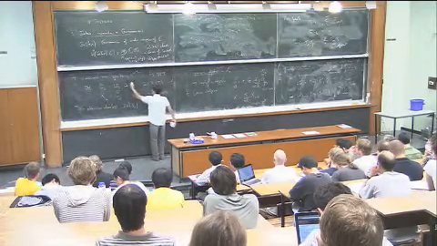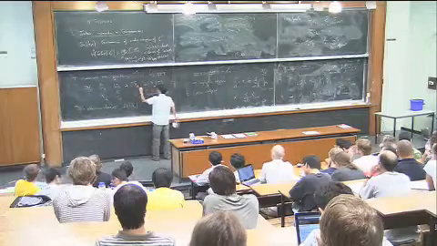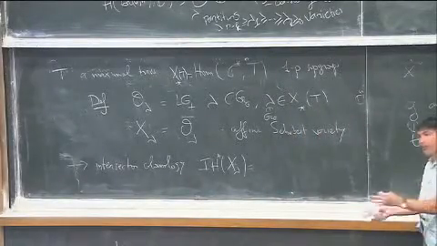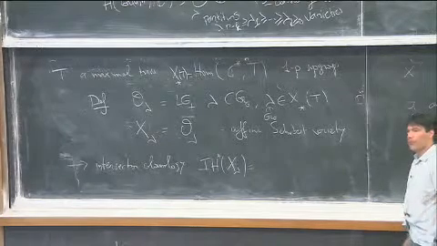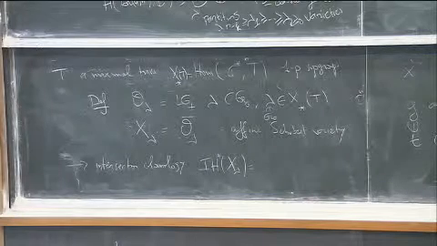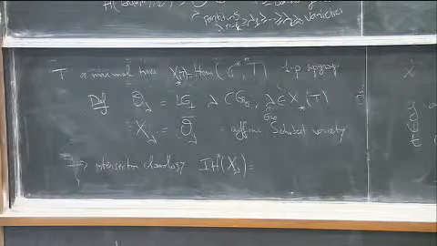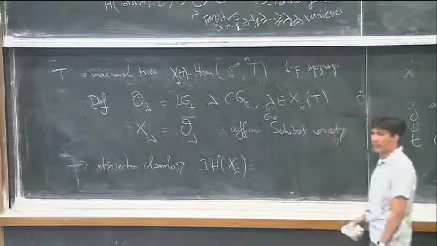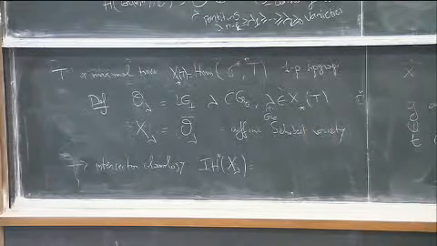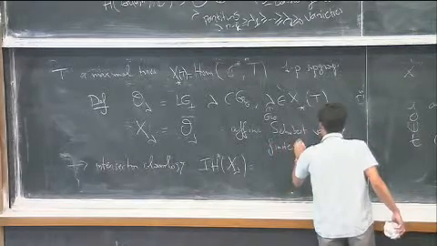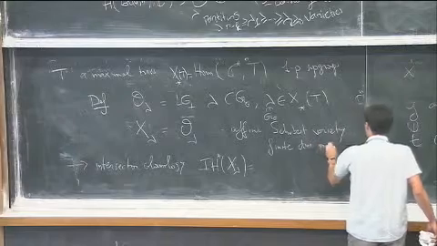I have taken the quotient, but still I have a left action of the group LG. So I take the orbit, and then the closure gives me the affine Schubert variety. And it's finite dimensional, yes. It's a projective variety.